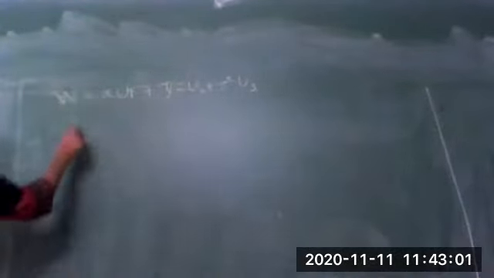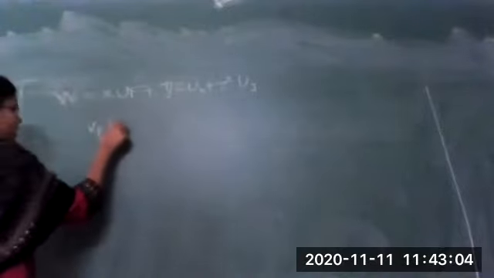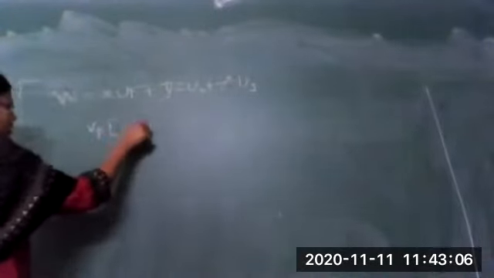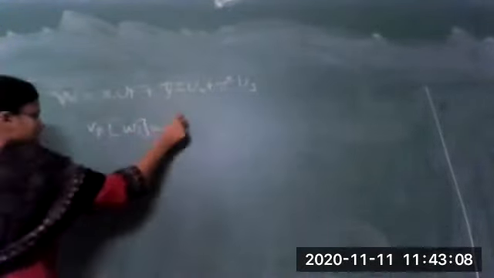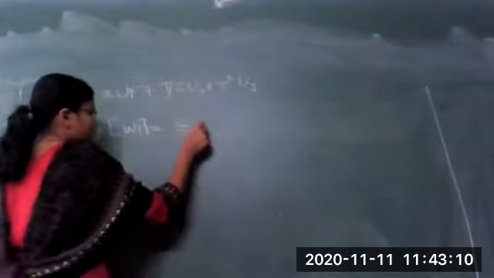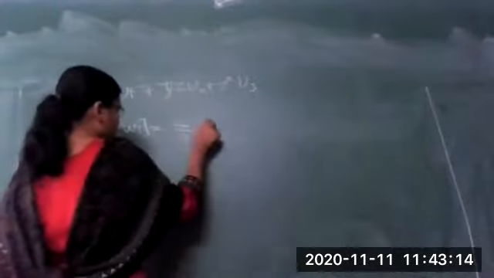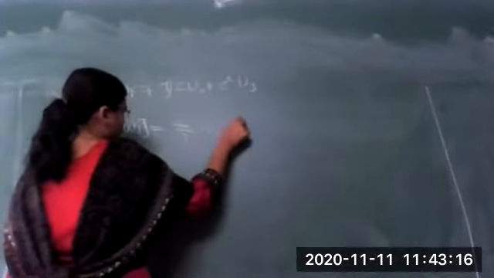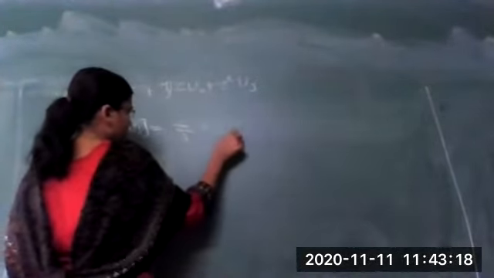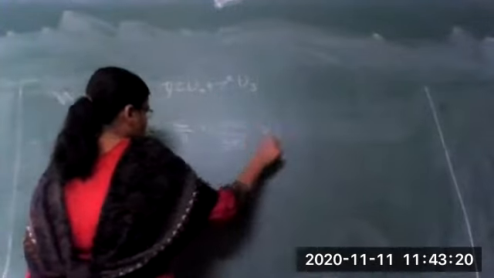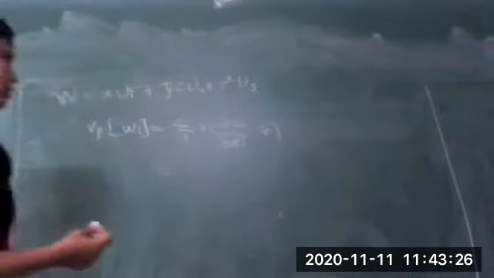For that, first we have to find V_P of W_i. First we have to find V_P W1, which is nothing but the summation over i of V_i times the partial derivative of W1 with respect to x_i at the point P. Already we know V; V is given to us as (1, 2, 1).